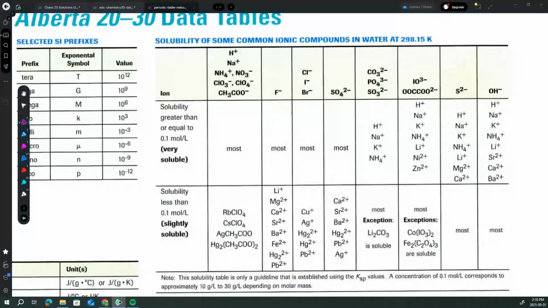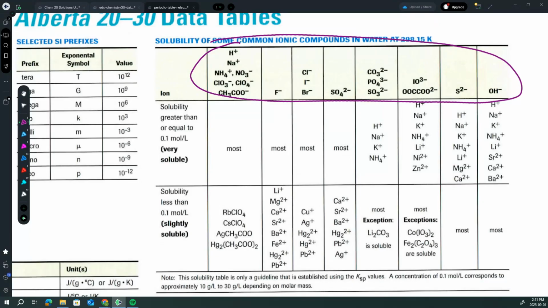Essentially, how you would use this table to determine the solubility of an ionic compound is you first figure out what your anion is, and you look for it up at the top here. Your anion is your negative ion. Now there's not only just anions here, there are some cations such as ammonium, sodium, and hydrogen ions. But the vast majority of them are anions.